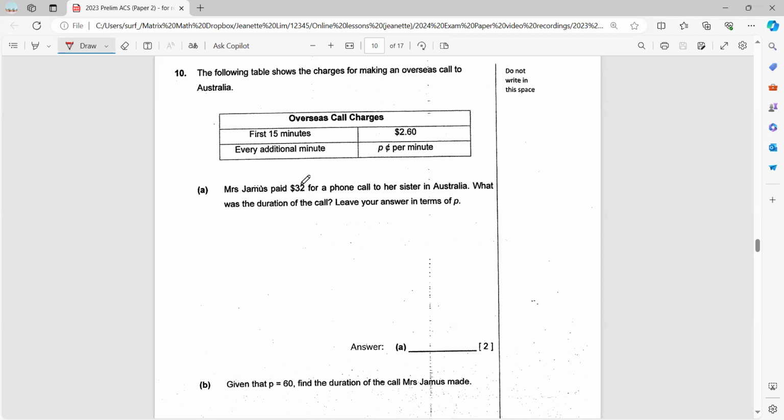Okay, let's find out what is the remaining time after taking away 15 minutes. We know that it's definitely more than 15 minutes because the amount she paid is more than 260. So let's take away 260 first. Don't forget there is a 15 minutes that we are ignoring for now.